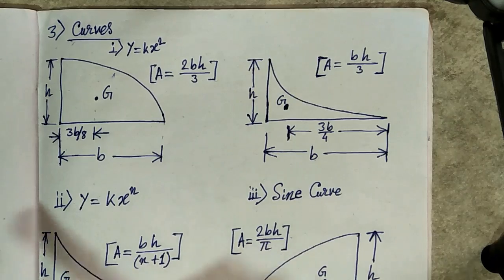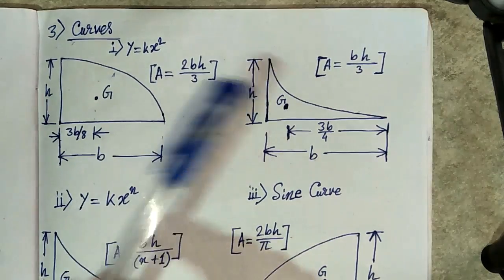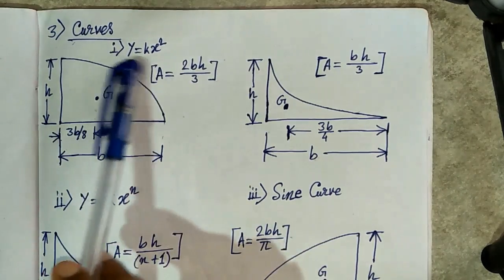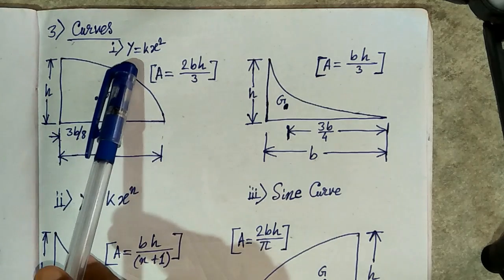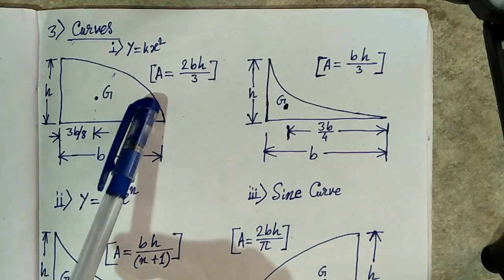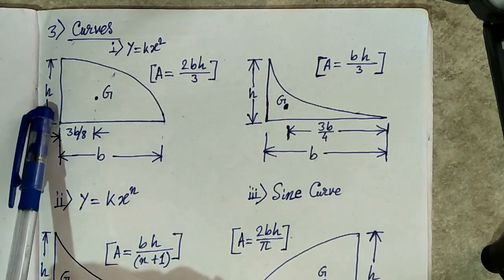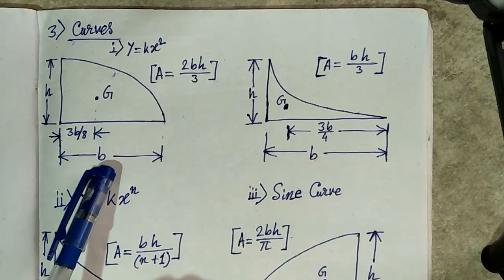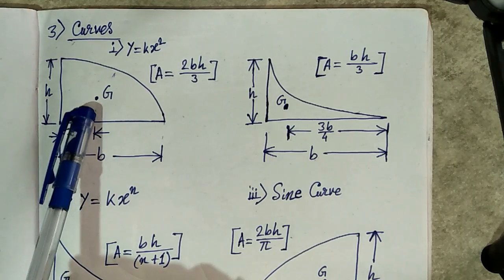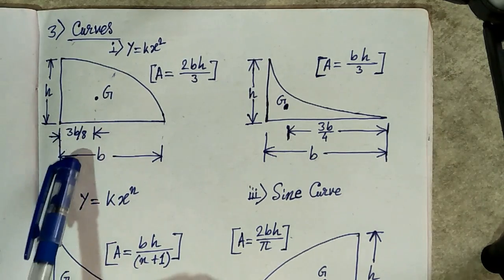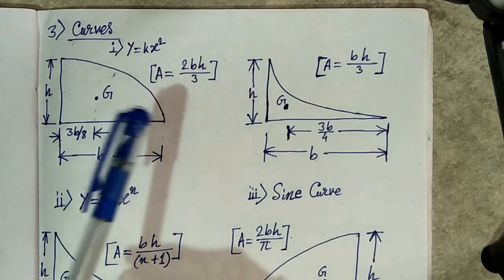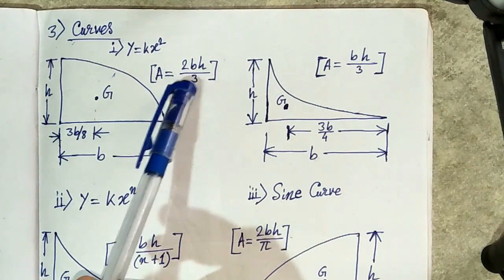Now the curves. The equation of this curve is y equals kx square. The height is h, base is b, the CG is at 3b by 8, and the area is 2bh by 3.